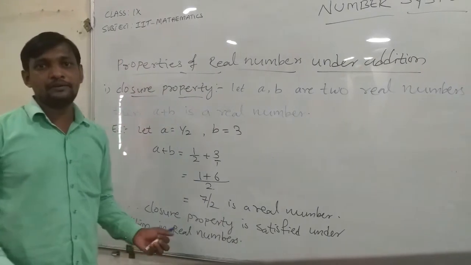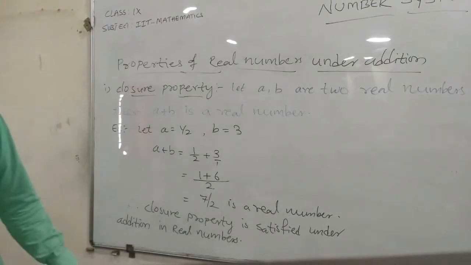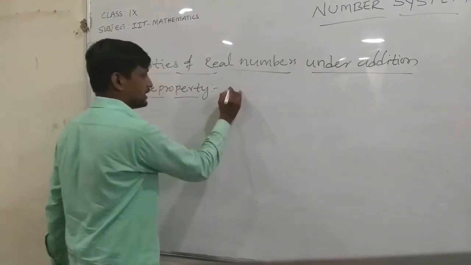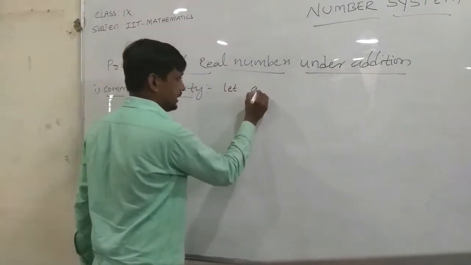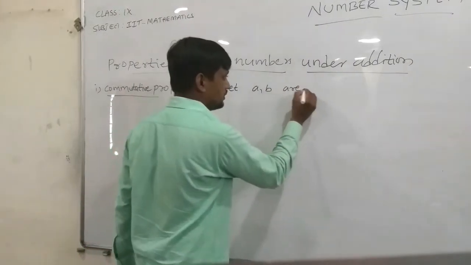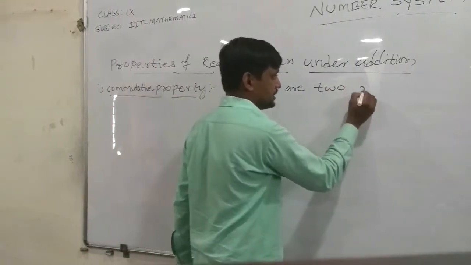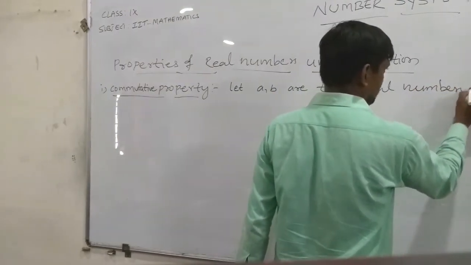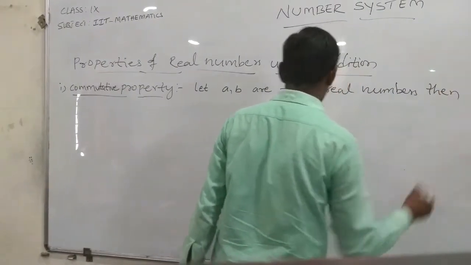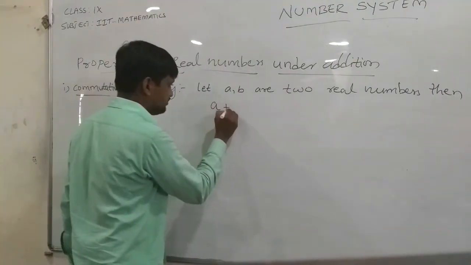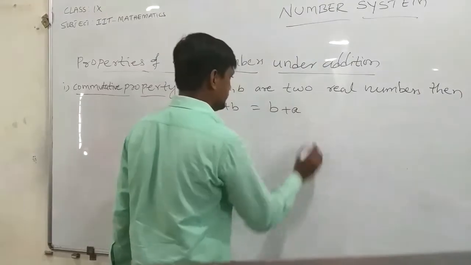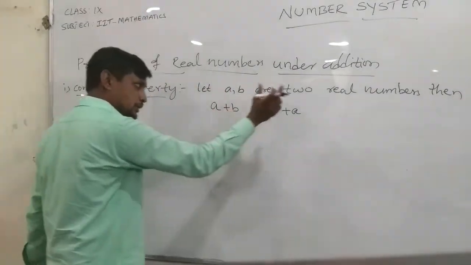Next, one more property we are going to take, that is next property is commutative property. Here I am taking two numbers. Let A, B are two real numbers, then A plus B is equal to B plus A. That means LHS should be equal to RHS.